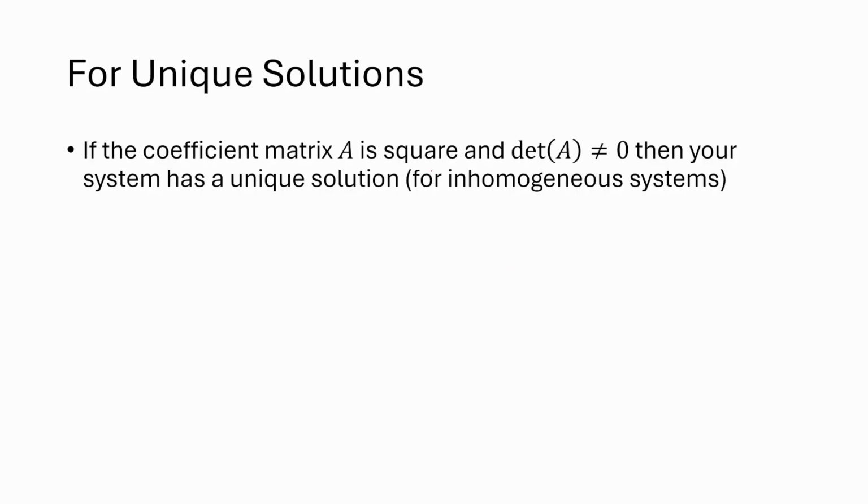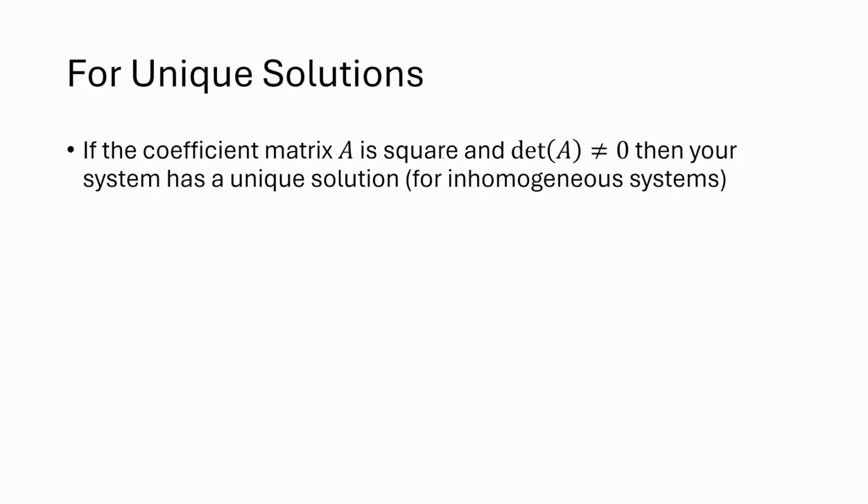If you have a square matrix, so that means we have the same number of variables and equations, and if the determinant of the coefficient matrix is not zero, then we will have a unique solution. So this is honestly one of the best tools that you have for determining whether there is a unique solution. Square matrix, non-zero determinant, inhomogeneous. If those three criteria are met, you definitely have a unique solution.